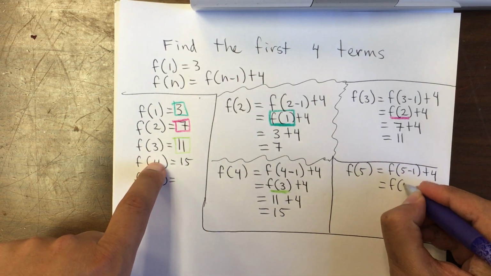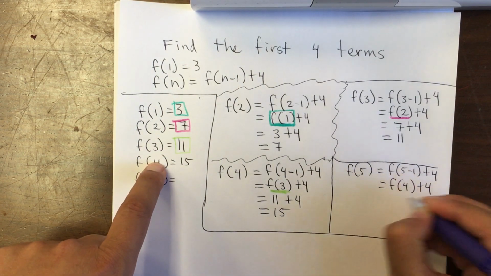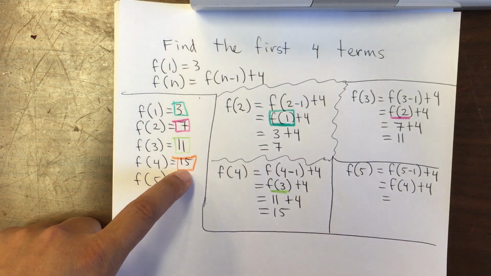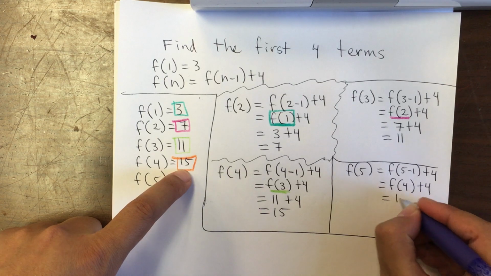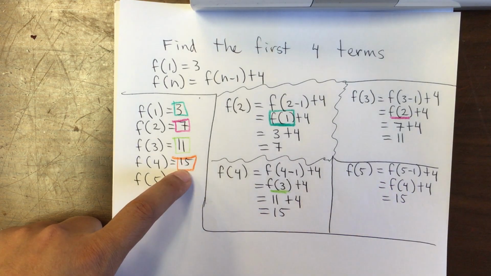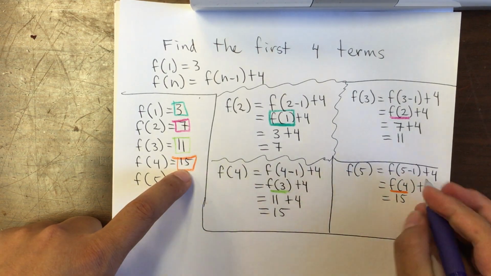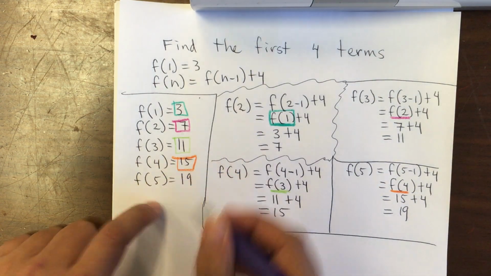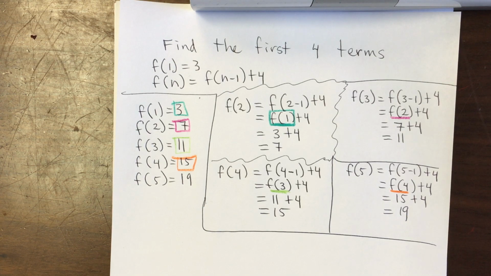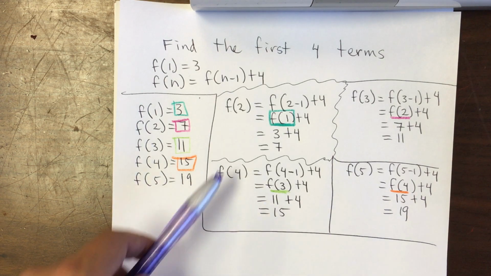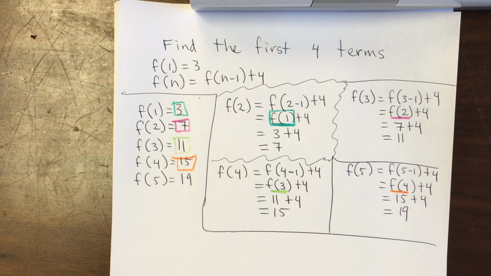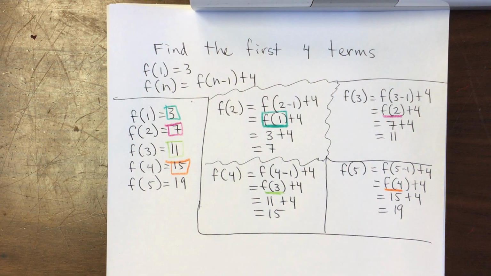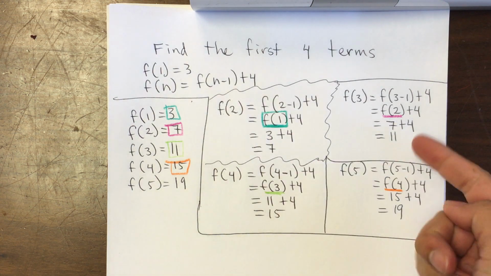And what is f of 4? It's 15. So I replace f of 4 with 15 and add 4 more. That makes it 19. Okay, so that's how you use recursive formulas to find the list. If your teacher asks you to show all the work, that's how you would use it.